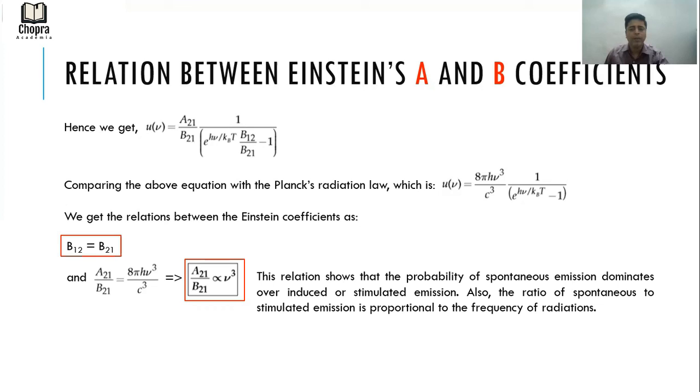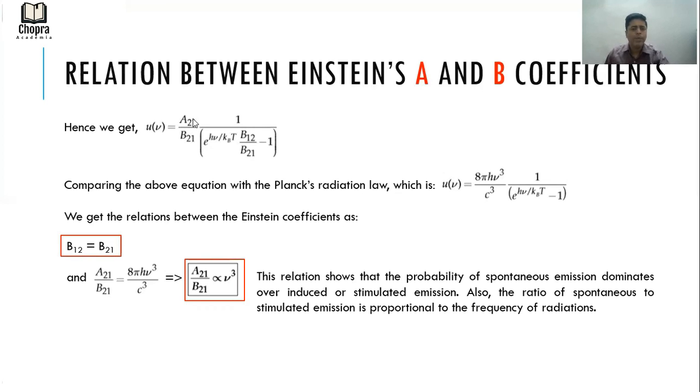You see here, this 8 pi h nu cubed by c cubed becomes equal to A21 by B21, which implies A21 by B21 is proportional to nu cubed. And this value B12 by B21 is equal to 1 here, so B12 is equal to B21.